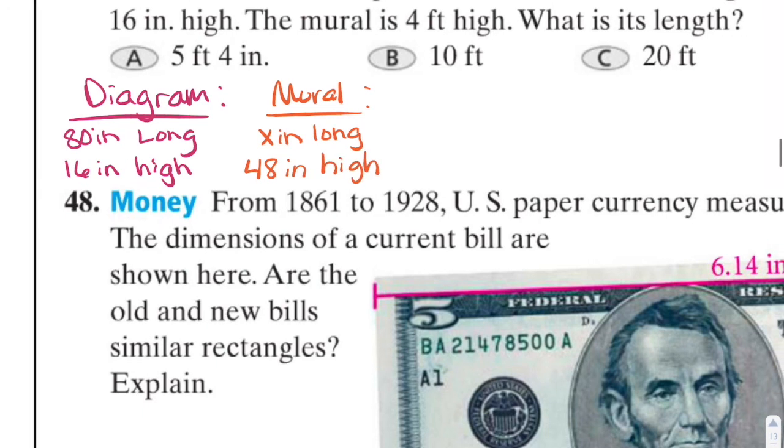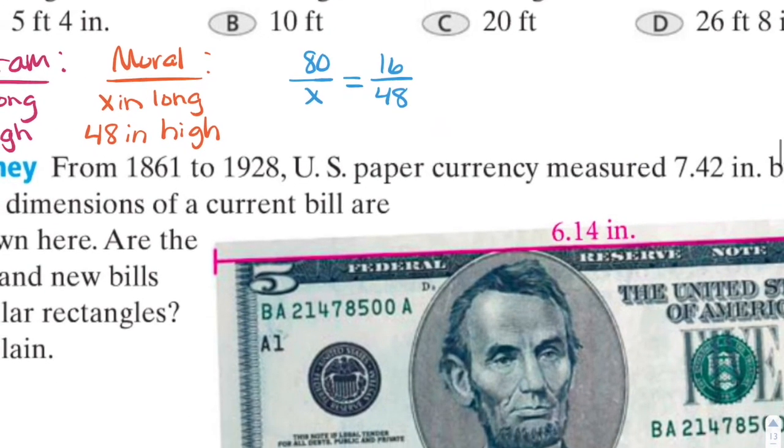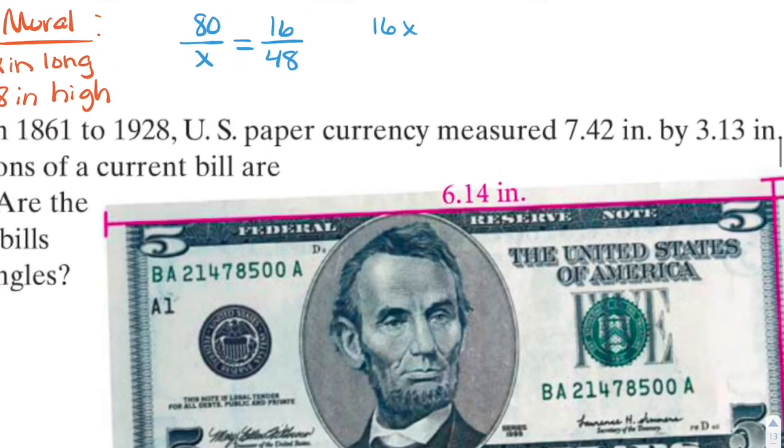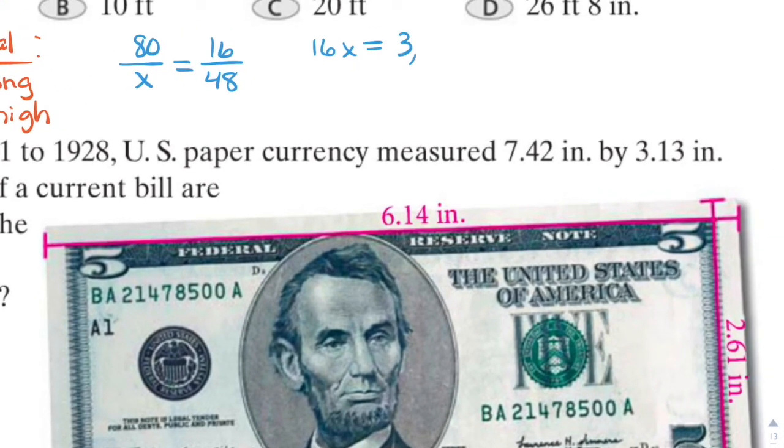Now that everything's in inches, I can set up my proportion and solve. So I'm going to do 80 is to x as 16 is to 48. I'm going to find my cross products. So 16x equals 48 times 80, which is 3,840.